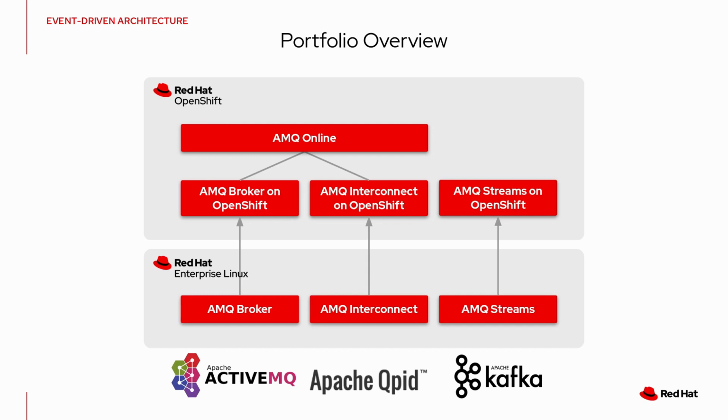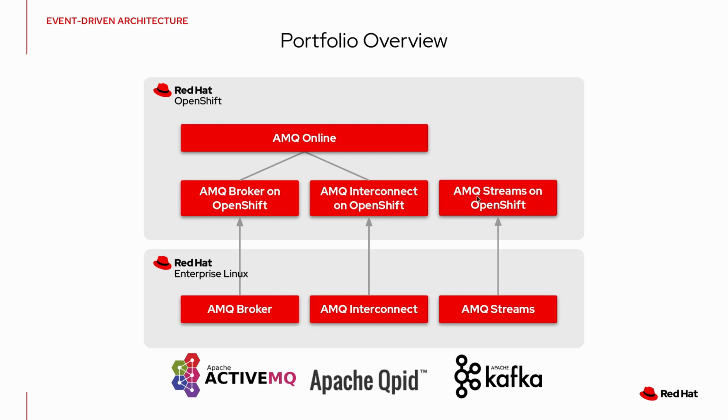The interconnect does not persist data, unlike the message broker, but you have the possibility to build a distributed mesh of these AMQ interconnect servers, and you can very easily send or propagate messages from one broker to another.